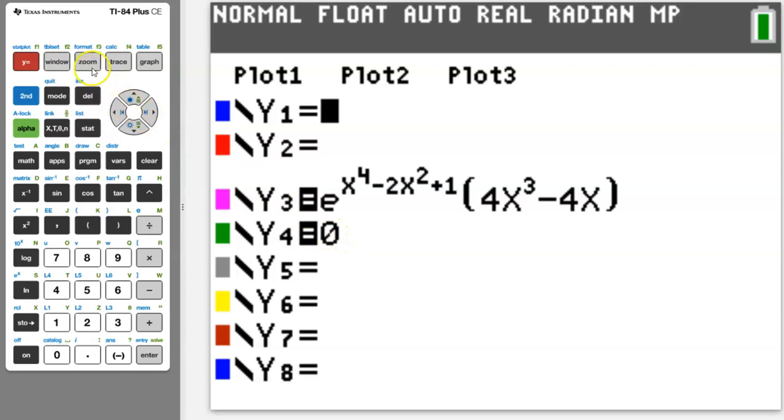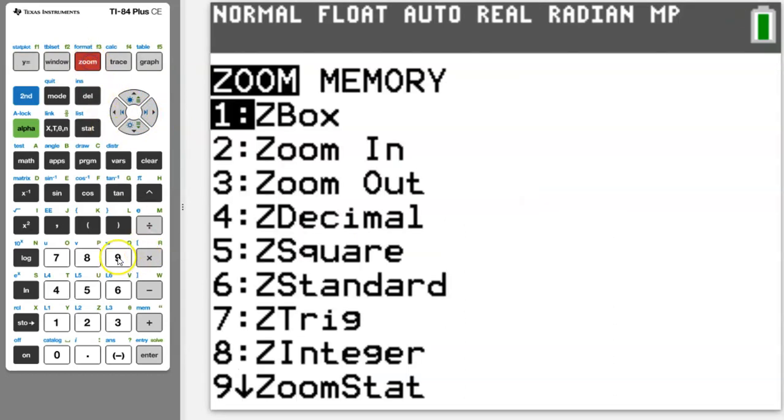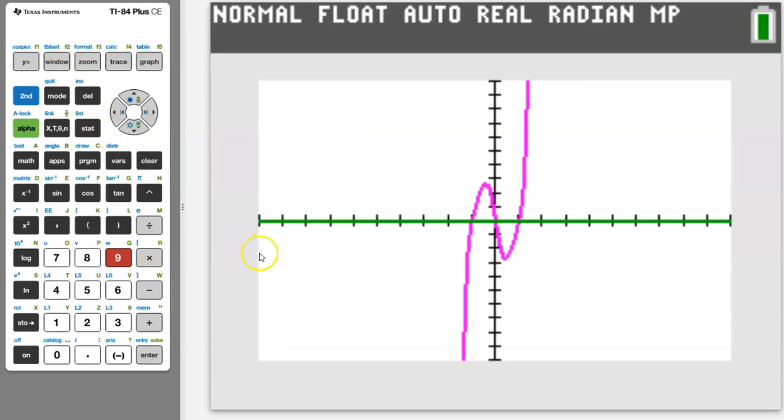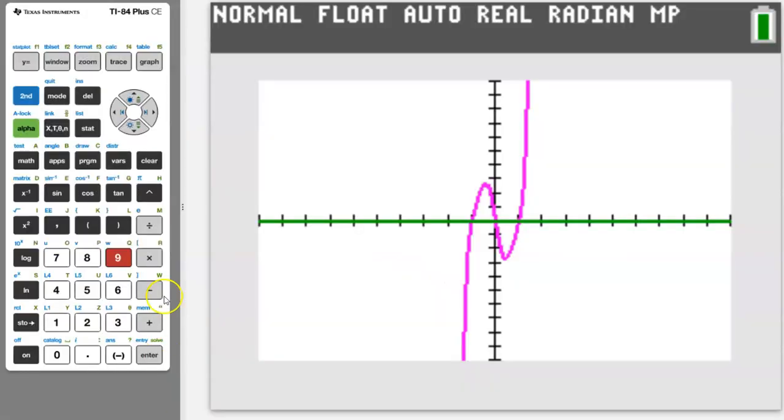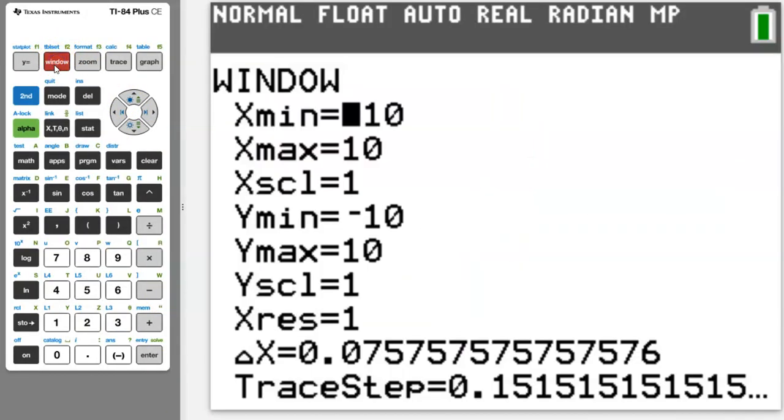So if we hit zoom 9 to get a standard viewing window, we have this. However, in the setup of the problem, we are told that the function is only defined between negative 1.5 and positive 1.5. So let us adjust the window.